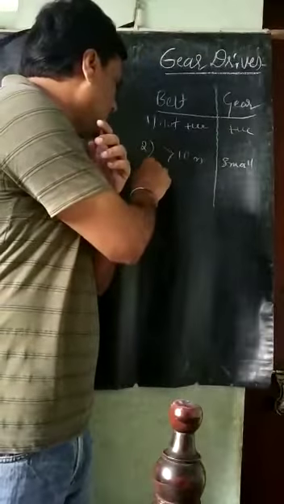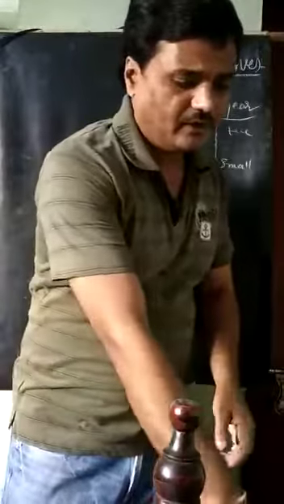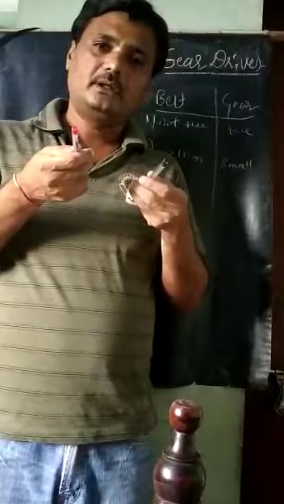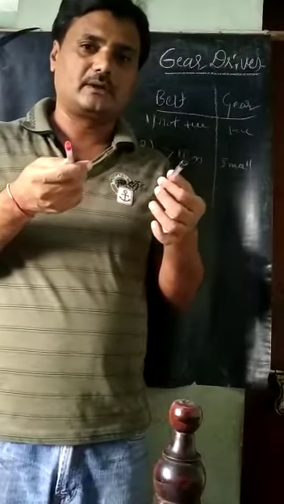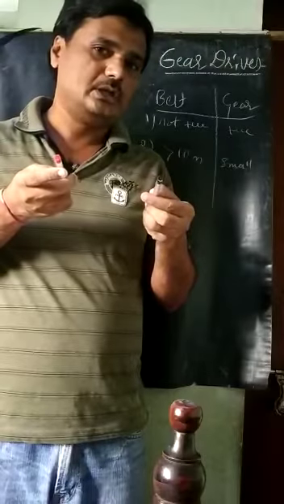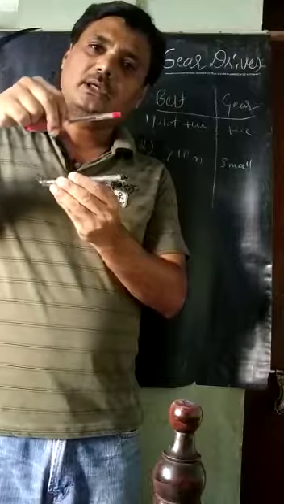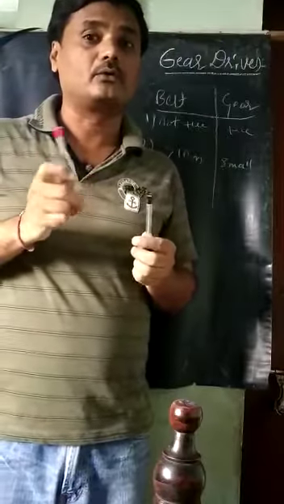And the third one is direction. For example, if this is the driver gear shaft and this is the follower gear shaft, and these two are parallel to each other, like this or like this, then we can transmit the power from driver to follower.